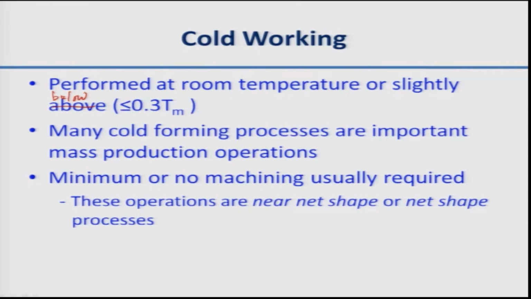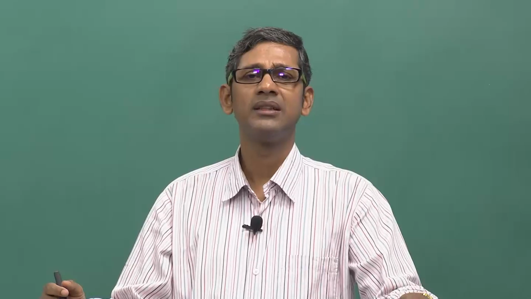Many cold working processes are important for mass production. Normally cold working is more preferred nowadays because we require minimum or no machining subsequently. That is why cold working processes are known as near net shape processes.